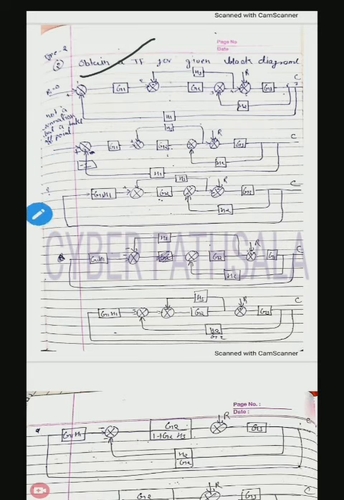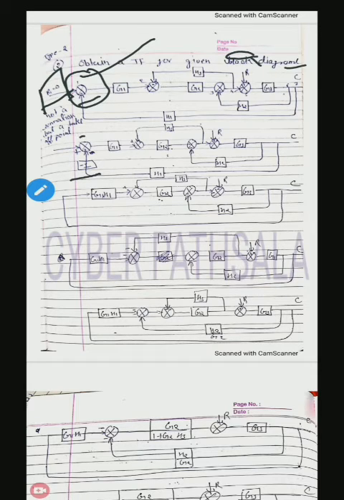Here r1 is given as 0, the input is R, and the output is C. Since r1 is equal to 0, this will be a takeoff point because here there are only input and output, and you can see the negative sign, so you have to multiply with the negative.